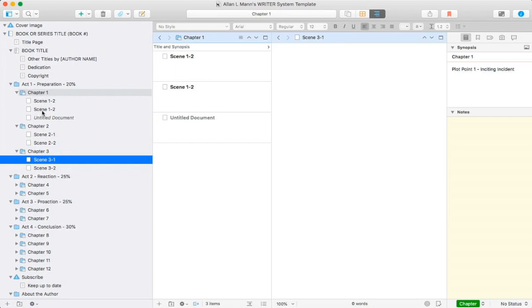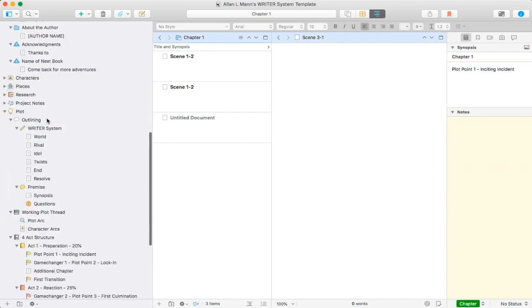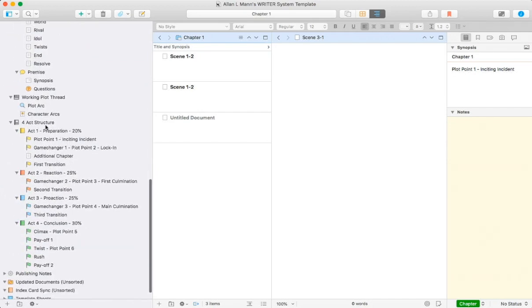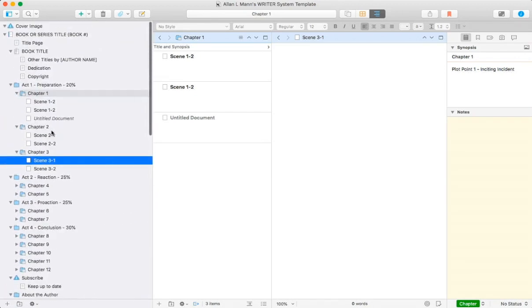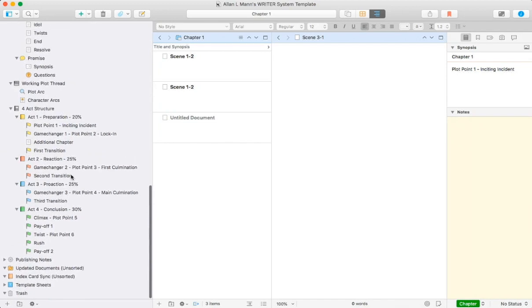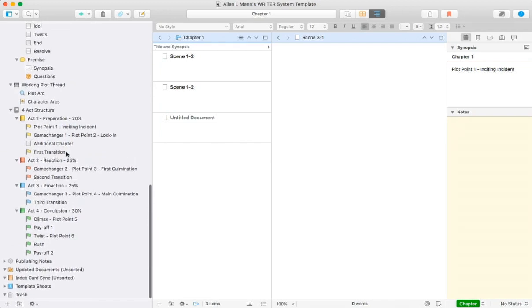So how do we use this writer system to start writing? That would be handy. Well, all of these areas here now become our reference material. They were our whiteboard, and we take this information and use that to actually start writing the story. You can add chapters. Maybe you've got 1, 2, 3 beat points here within Act 1.